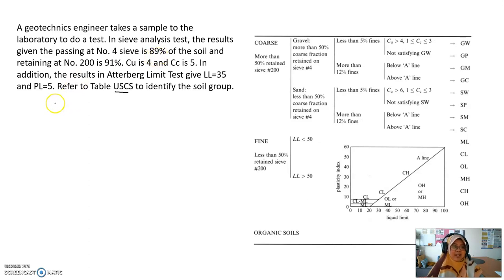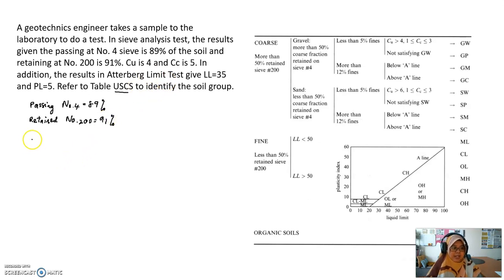So let us immediately jot down the info. It says that passing number 4, they got 89%. And next, it says retained at number 200 is 91%.